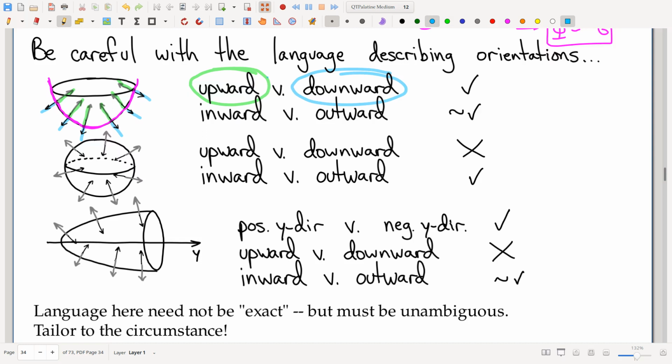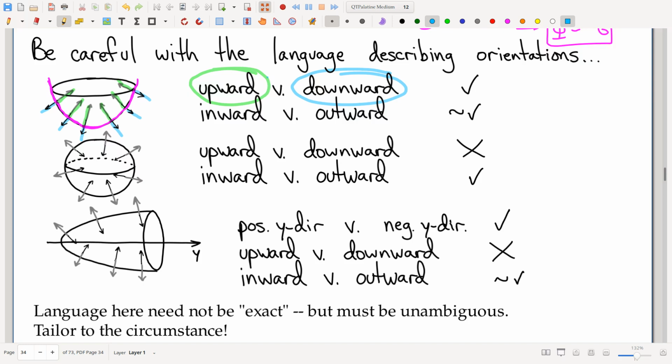And now let me complain about this. There is something uncomfortable about me using the word upward to describe that green orientation. If you were to overinterpret what I mean by upward, you might interpret upward to mean exactly 0, 0, 1, exactly straight up, which is not what this is doing, right? The purpose of these terms, upward and downward, in this context is to distinguish between the 2 available options.